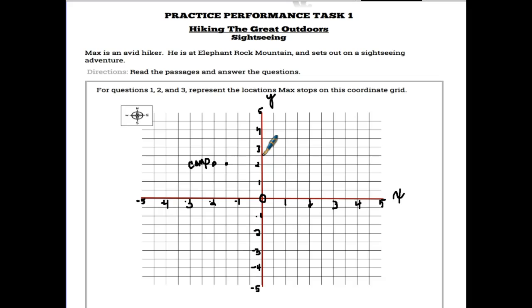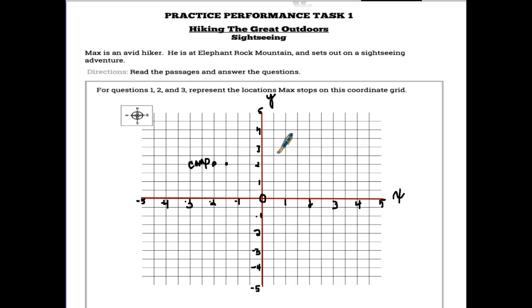And at the trailhead sign, you see that each of these sites is located from this point here. Plot each of these locations on the grid map.